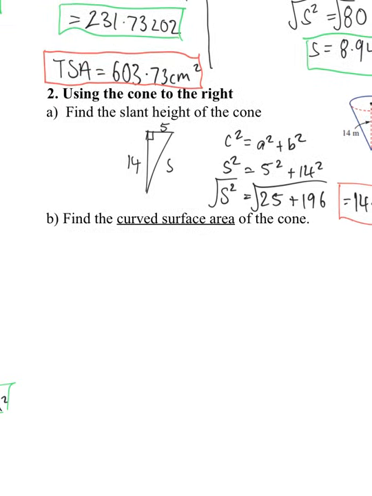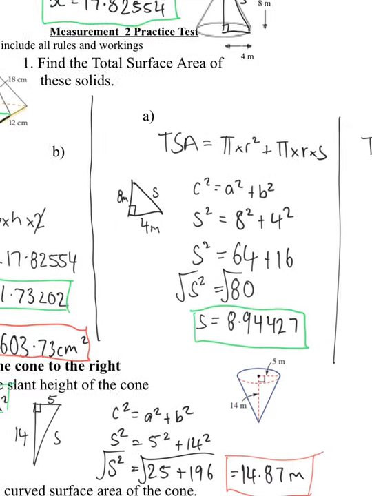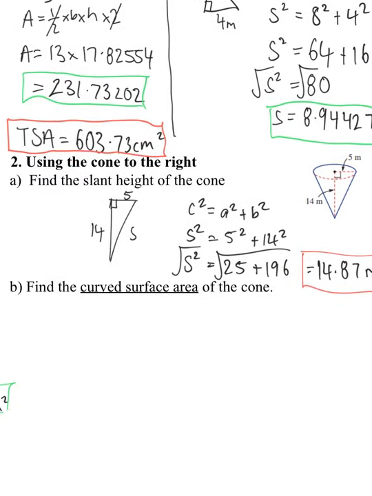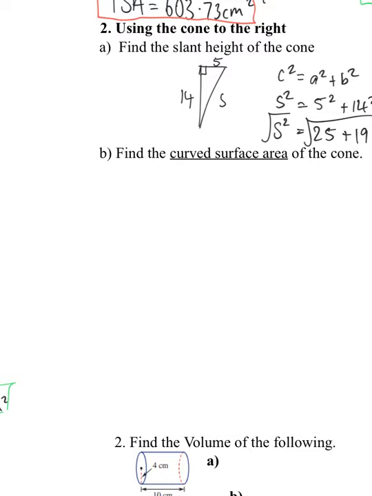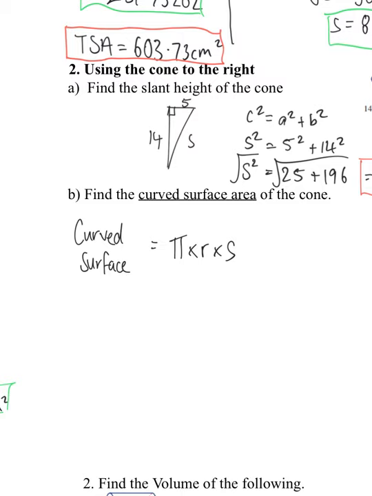Awesome. All right, moving on. Now that we have that slant height, we're going to find the curved surface area of the cone. Going back, guys, looking at our total surface area rule here, we know that the pi r squared part is the base, the circular part. So the pi r s is going to be the curved surface. So I'll write: curved surface is going to equal pi times our radius times our slant height. Yep, just making sure.